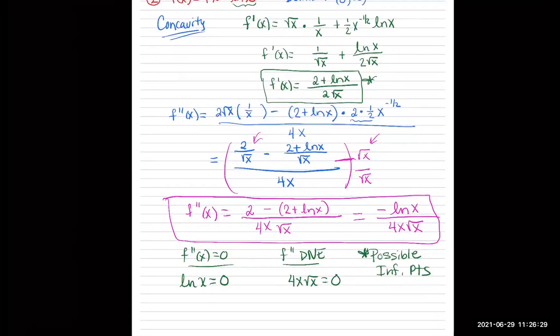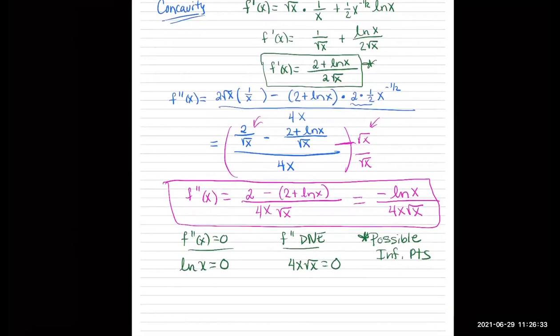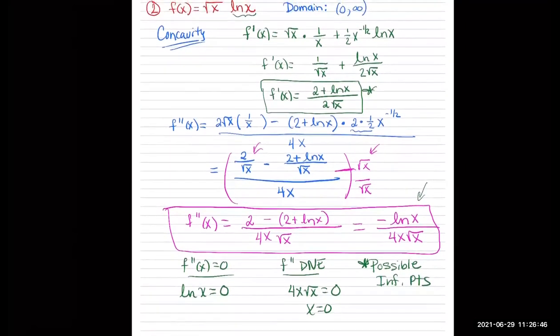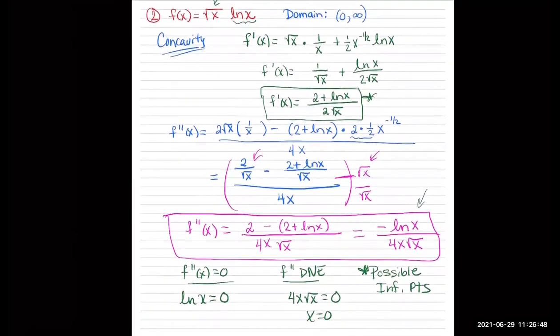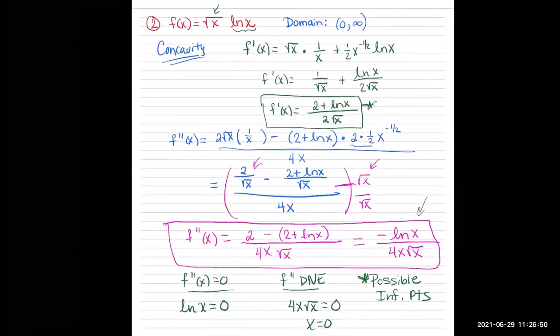Or where the top is undefined. That's actually going to happen at the same place this time. I'm going to go ahead and talk about that one first. We know this is 0 when x equals 0, and notice that would also make the top undefined. In this one, could x equal 0 possibly be an inflection point for this problem?